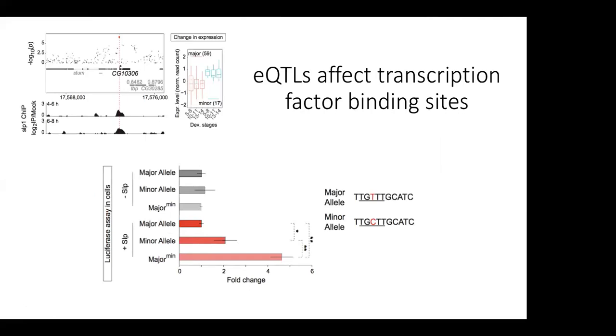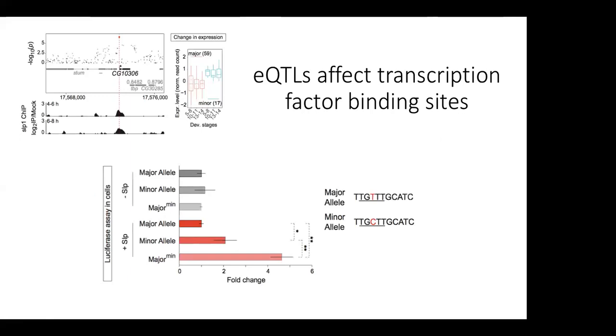But what is interesting is that when we mutate the causative SNP, so when we mutate this T in the major allele into the C of the minor allele, and only this mutation, we observe a stronger repression of the luciferase expression. So we started thinking that there was some kind of allelic interaction between SNPs within the regulatory elements.